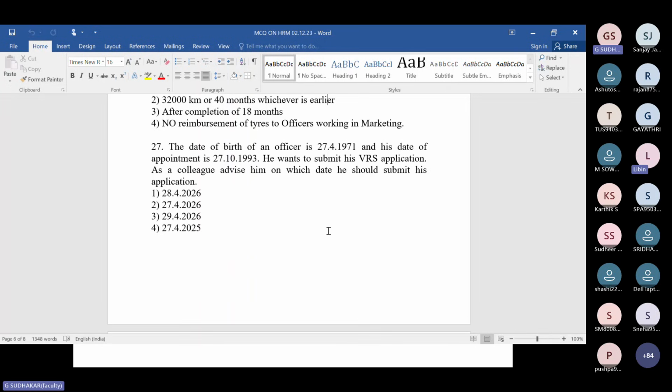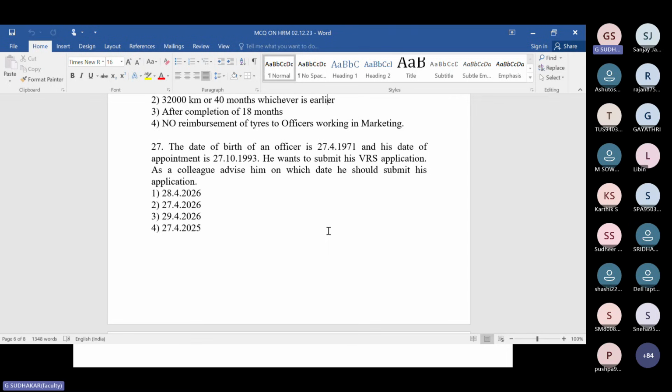As a colleague, I would suggest he complete 33 years, prior to 90 days. My point, you must understand. If he is opting for PF, not pension, then he has to complete 55 years, and only then will he go for VRS.